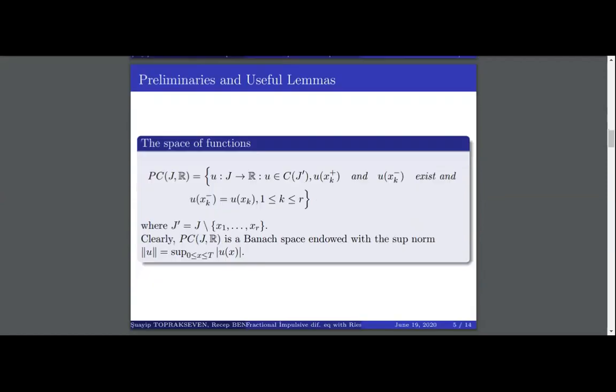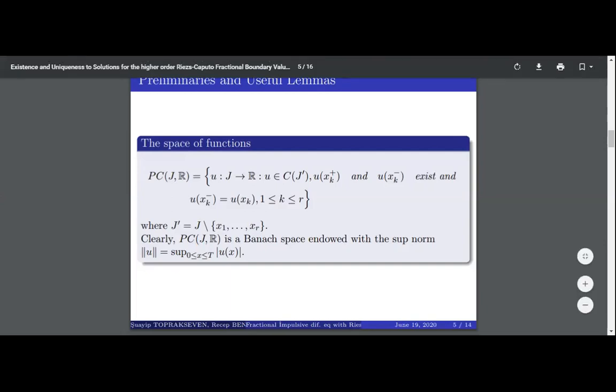So we define the space of functions as: U is continuous on each subinterval and has a jump at each point inside the interval. These are just jumps, not infinite jumps.